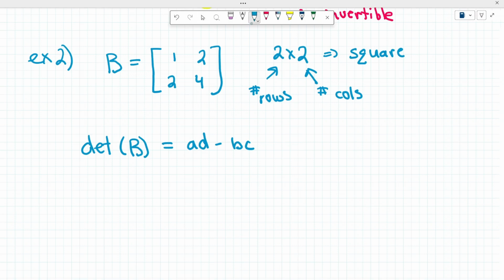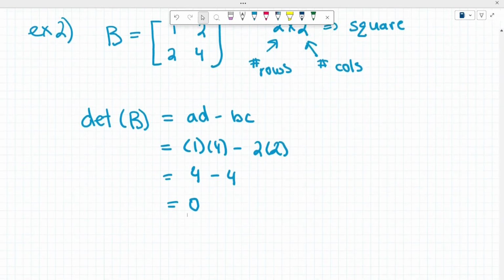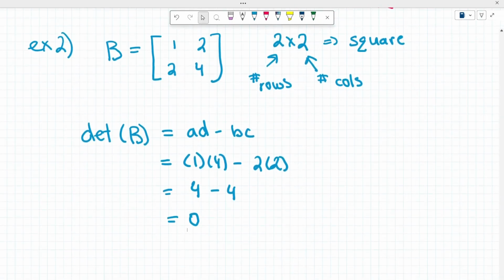I always encourage you to write out the equation first so that you can just input your values and go ahead. So that means we've got 1 times 4 minus 2 times 2. This equals 4 minus 4, which equals 0. Okay, so now that we have the determinant of B equals 0, that means that it is in fact singular.